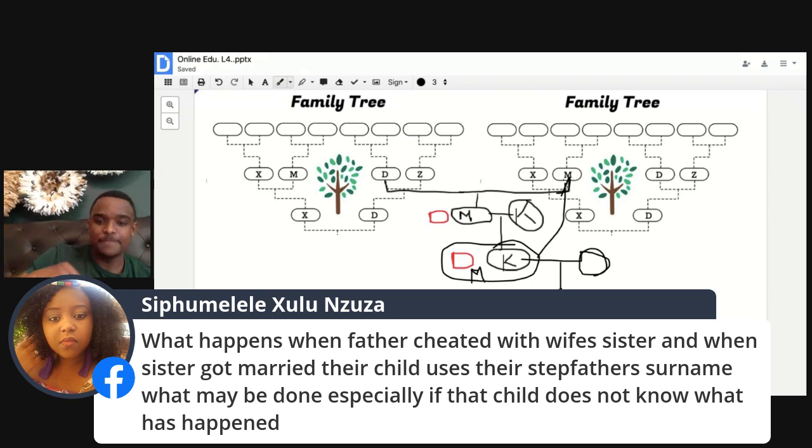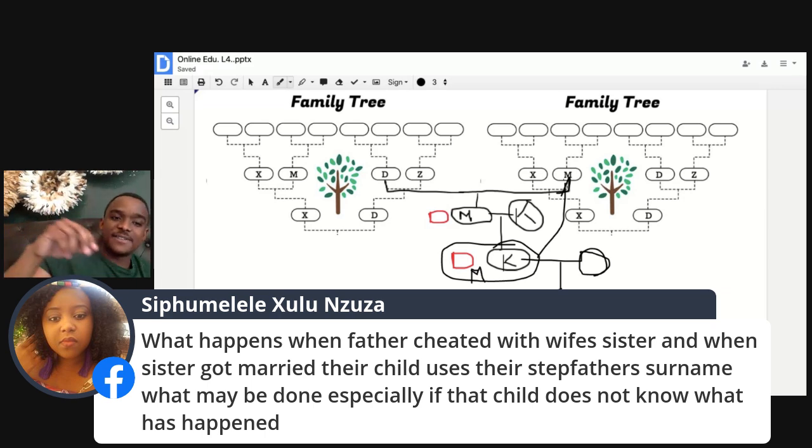The man was. Okay. And that child can never use a stepfather's surname. Because if you were here two weeks ago, I said stepchildren can never take their stepfather's surname. Let me explain.